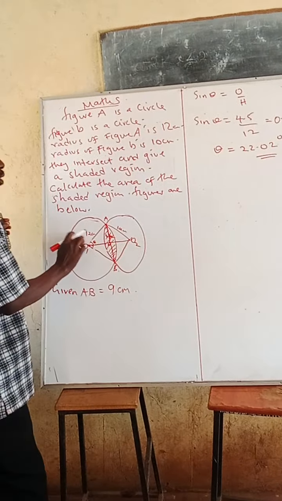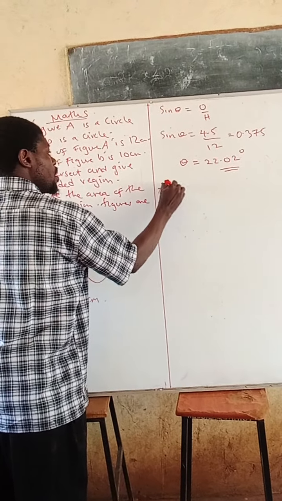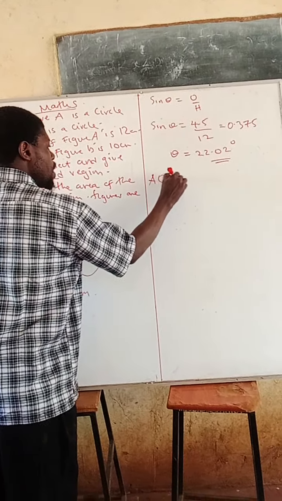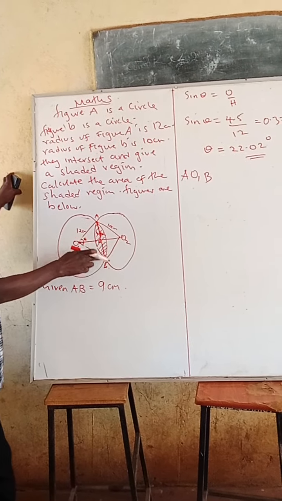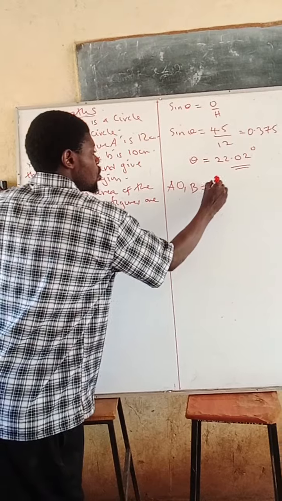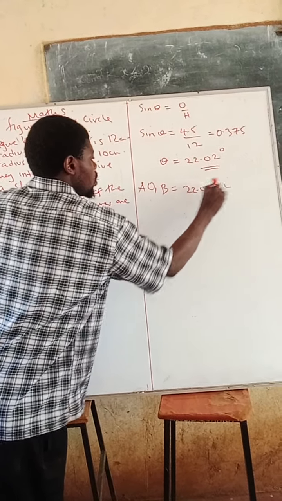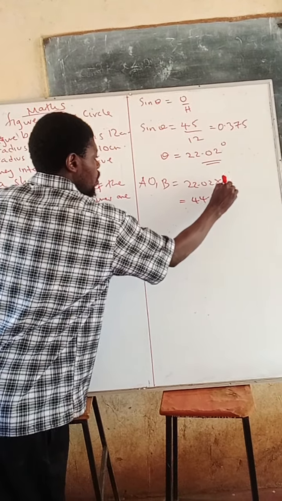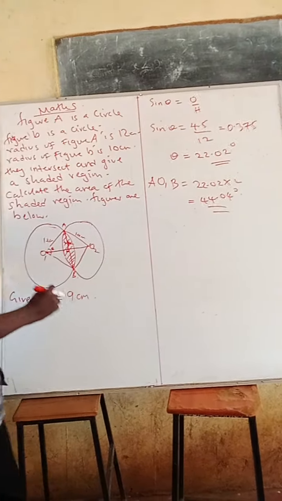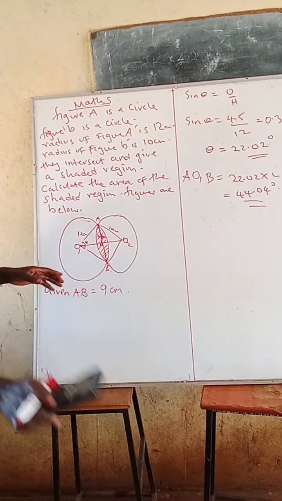That means the whole angle AO1B becomes 22.02 times 2. This one becomes 44.04 degrees. That is this angle.